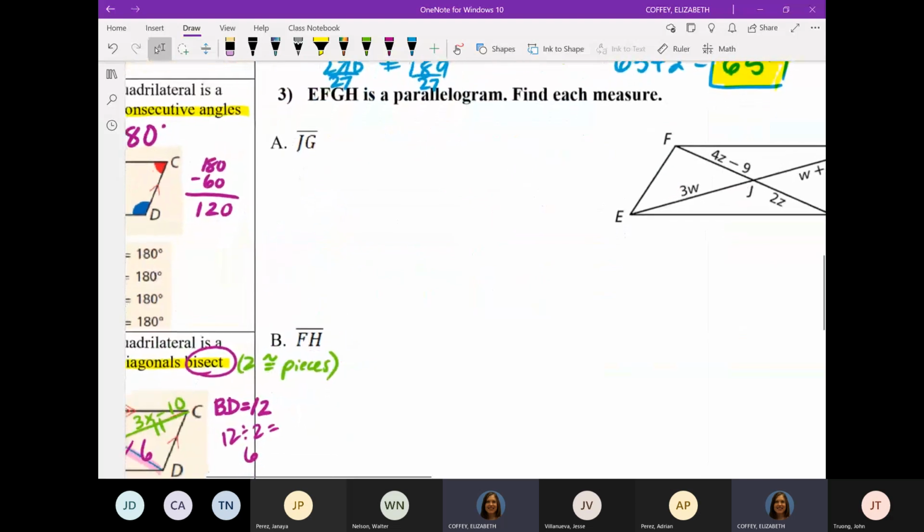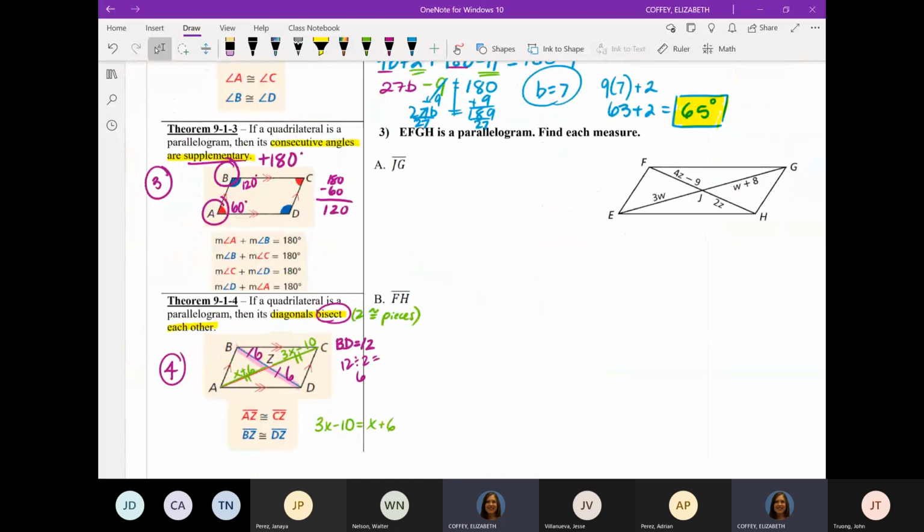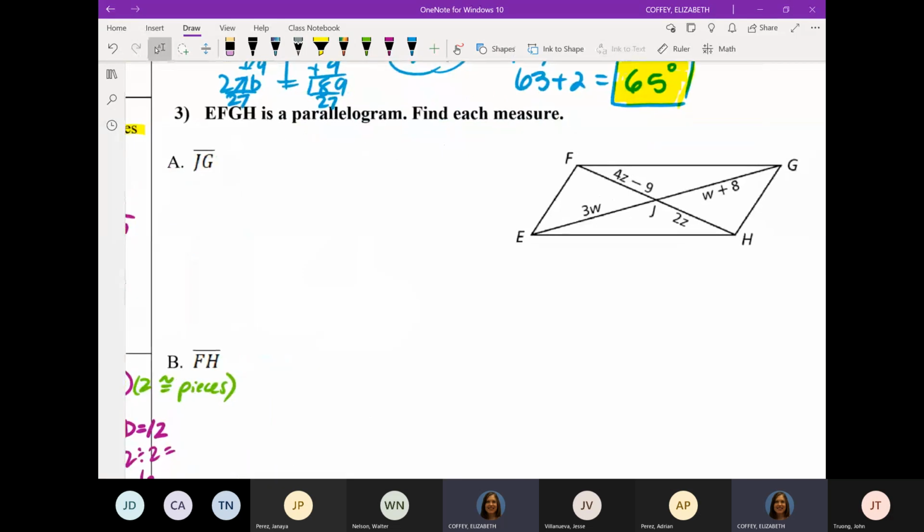All right. You have to use parallelogram, find each measure. First thing you notice, guys, this picture looks a lot like this last theorem on the bottom left, right? It's the only one out of all these properties that has the diagonals drawn. So when I see two diagonals drawn, you can automatically think, okay, we're solving for sides because there's no degrees, and we have diagonals.